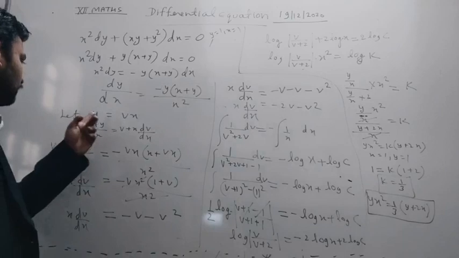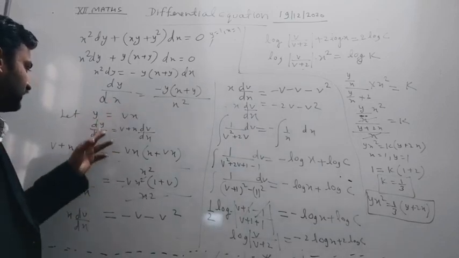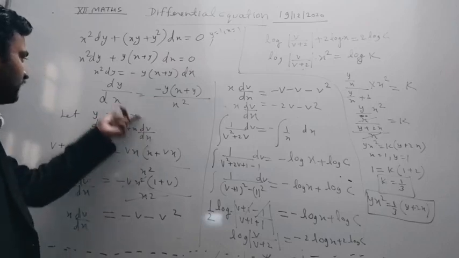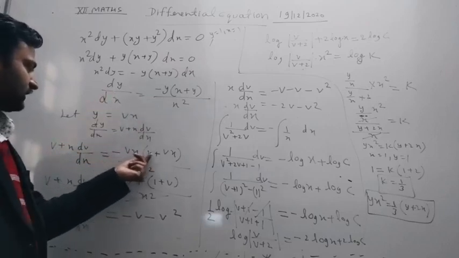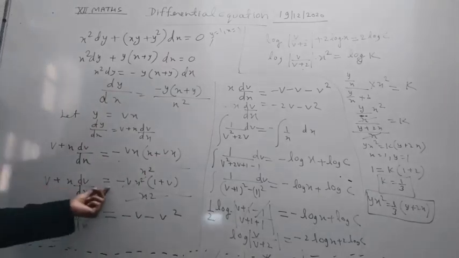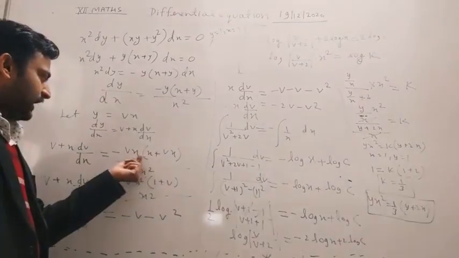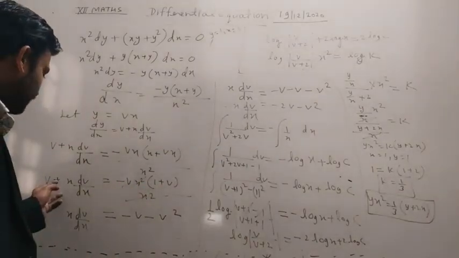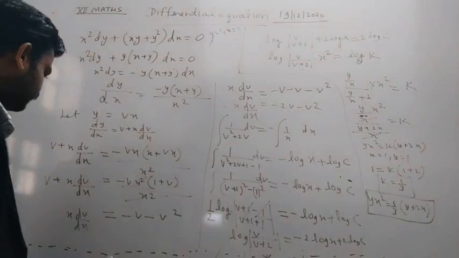Now we put y is equal to bx, so dy by dx is b plus x dv by dx, okay. Now put here, so we get minus bx (x + bx) by x². So b plus x dv by dx is minus b, take x outside, (1 + b) by x, this x is cancelled. Now send this b to the right hand side here.